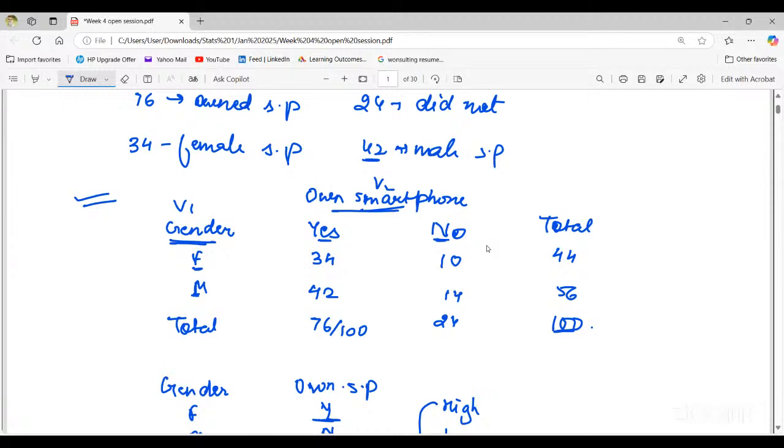I'm not asking for the percentage, I'm asking for the proportion. So the proportion would be 76 by 100. Similarly, the proportion of total participants not owning a smartphone would be 24 by 100.